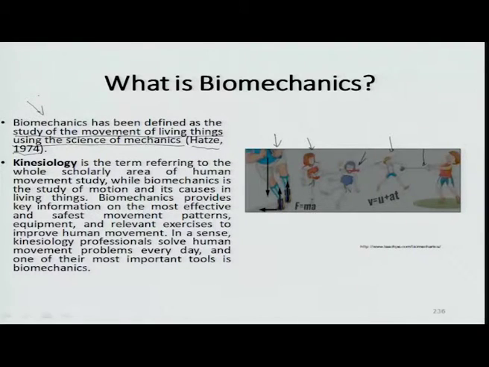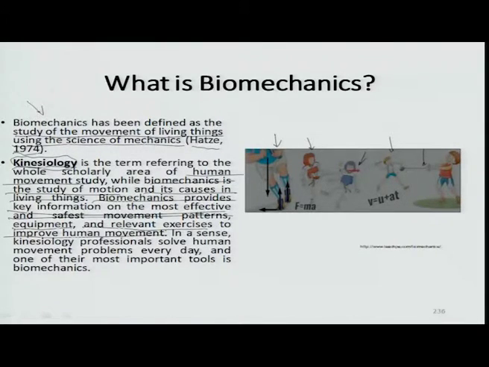Obviously, the broader term that people would use is kinesiology, which is a term referring to the whole scholarly area of human movement study. Biomechanics is only the study of motion and its causes in living things, but kinesiology gives a broad domain of all kinds of human movements which would exist. So, biomechanics provides key information on the most effective and safest movement patterns with reference to equipment which is being utilized, also while doing relevant exercises, and some of these exercises can improve, for example, human movement.